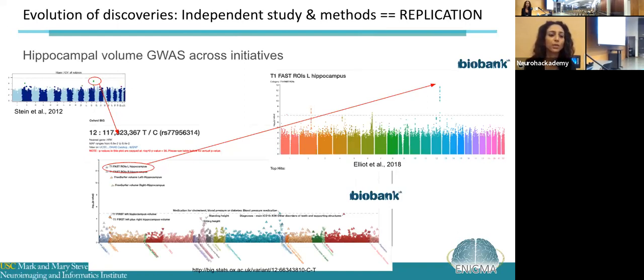Yeah. So there are different ways to assess replication here. I think we're still correcting for this genome-wide, and if you are taking that discovery sample, oftentimes in a replication, you might not even need to reach genome-wide significance, because you're saying, okay, I know this one is significant.